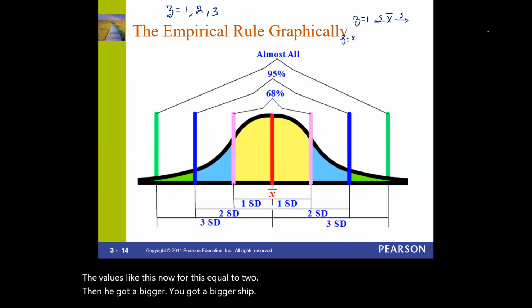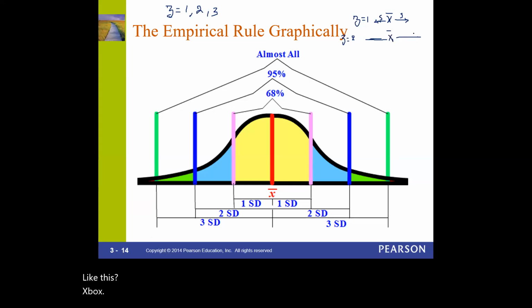With my pen, the graph is a bit bigger, like this: X bar, and then like this, X bar. This is 2 times S. This is 2 times S. Okay, to get the X1 and X2, then you got Z equal to 3.